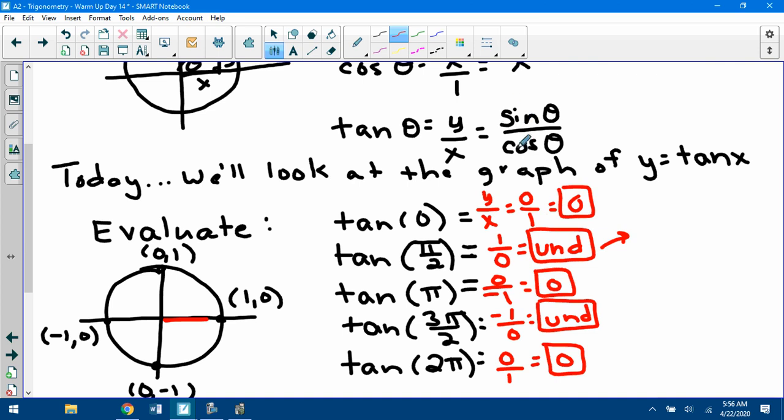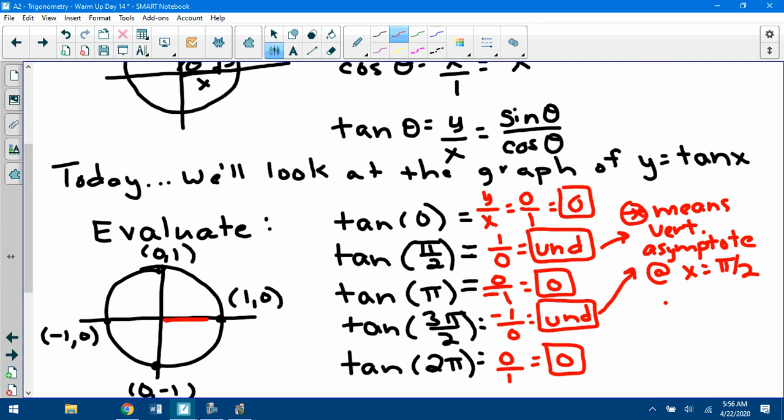It's really a sine over cosine. That's a rational function, a fractional function. When the denominator equals 0, what happened on the graph? Yeah, I know some of you said out there, it means there's a vertical asymptote. So anytime there's an undefined, a 0 on the bottom, it means we have a vertical asymptote at x equals pi over 2.